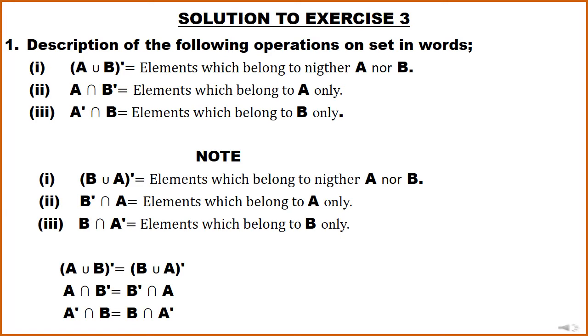So for II, the complement is written with B, so the elements belong to A only. For III, the complement is written with set A. Therefore, the members belong to B only.